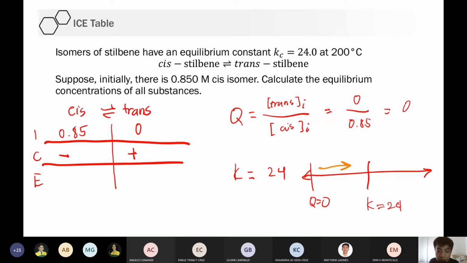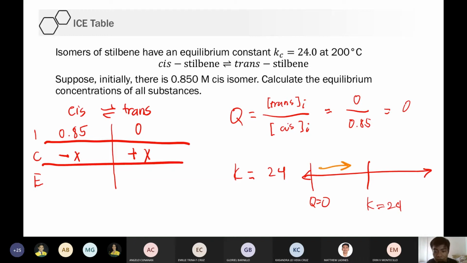Mababawasan yung reactant kasi dadami yung product as it shifts to the right. By how much? I don't know. So lagay tayo ng variable x. Okay? So cis will change by negative x. Mababawasan siya by x. Yung trans madadagdagan by x din.